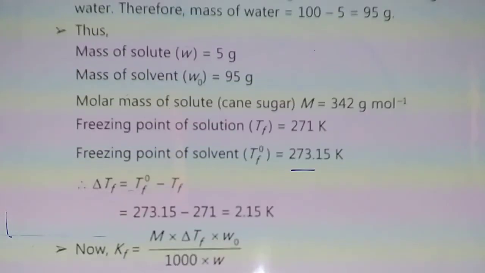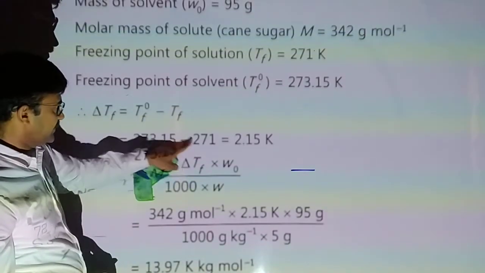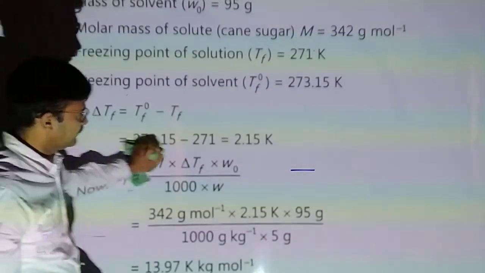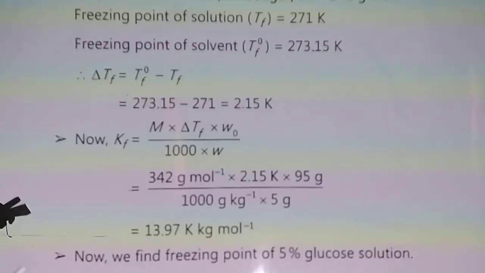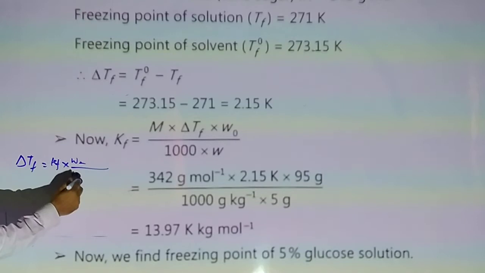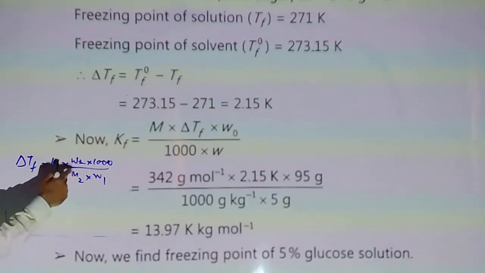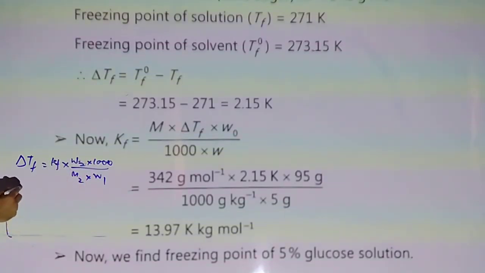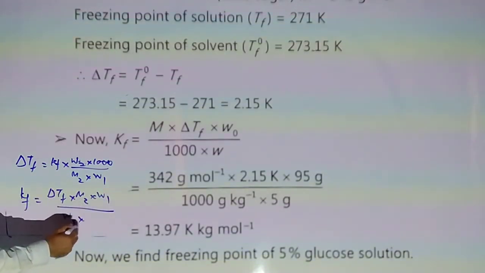So depression in freezing point will be 2.15. Now we use the formula delta TF is equal to KF into W2 upon M2 into 1000 upon W1. Here KF will be delta TF into M2 W1 upon W2 times 1000.